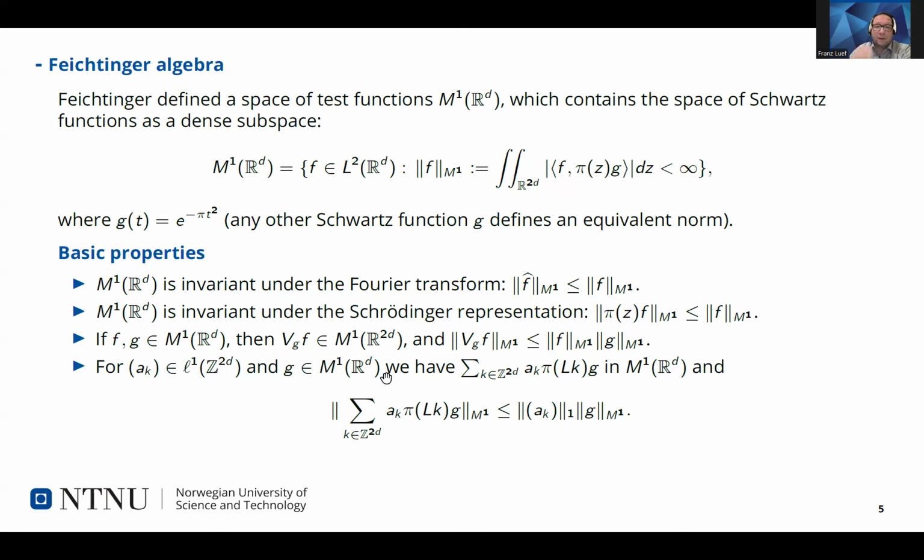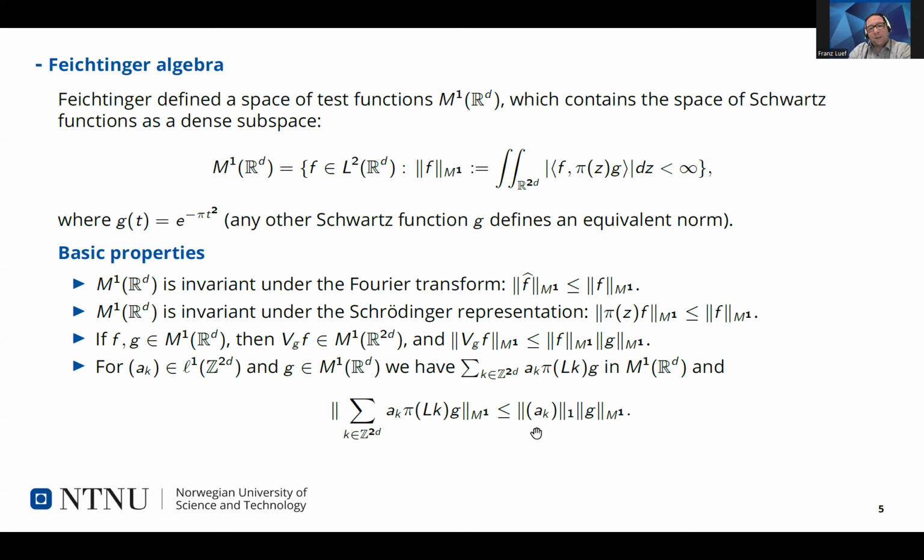And also the fun thing, this thing and the next thing are going to be important for our construction. If you take this π along all these lattice points, and you look at these time-frequency shifted versions of g, so it acts on your g, and then you take an L1 linear combination of these, then this is still in M1.